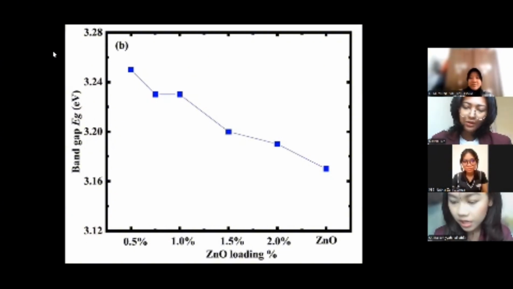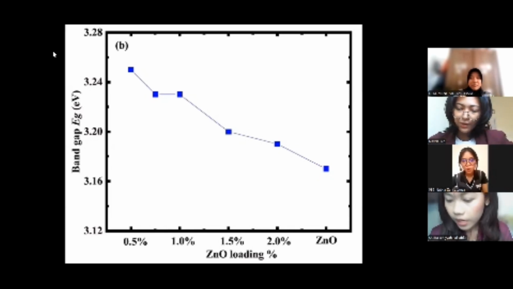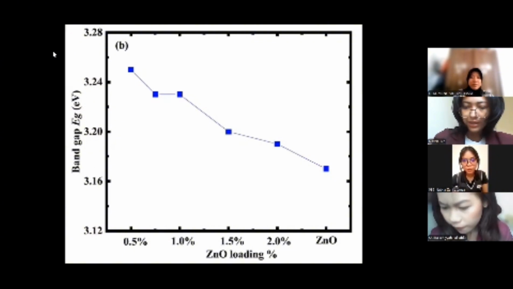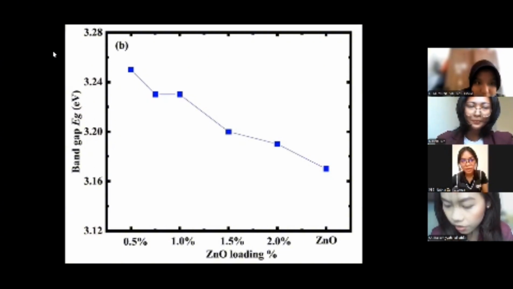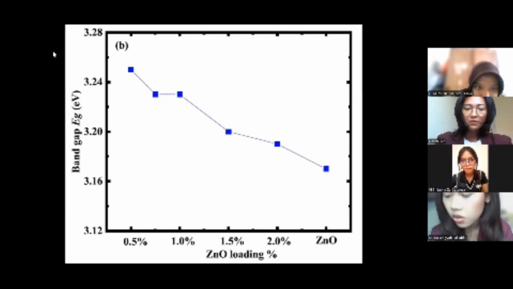In practical terms, the tuning of the band gap through ZnO loading can be highly beneficial. A lower band gap means the material can absorb a broader range of light wavelengths, especially in the visible spectrum. This property is particularly useful in applications such as photocatalysts, solar cells, and sensors.